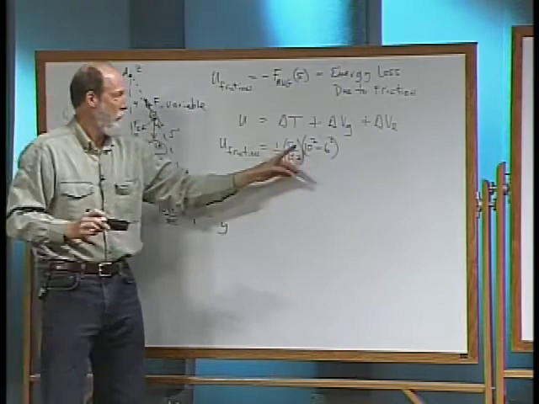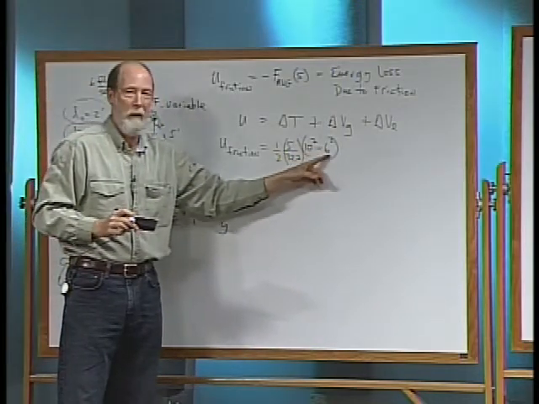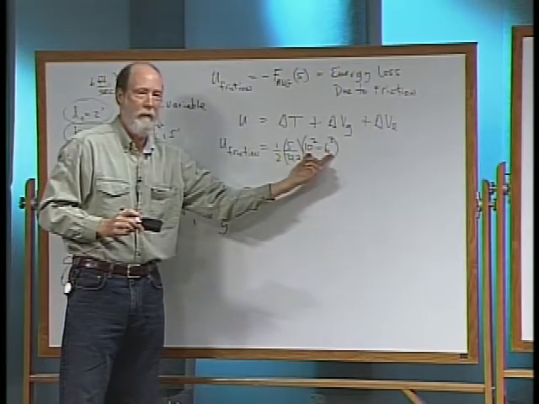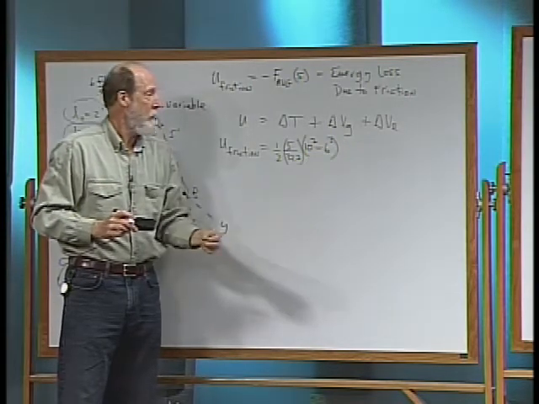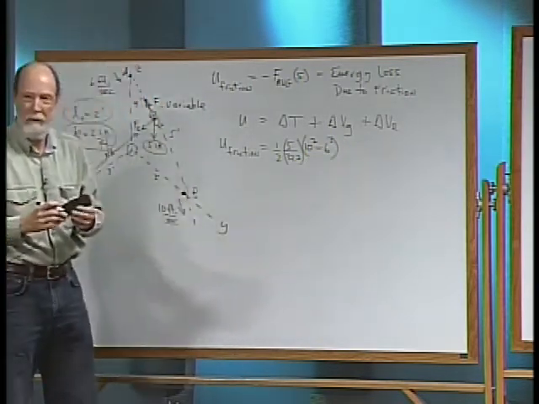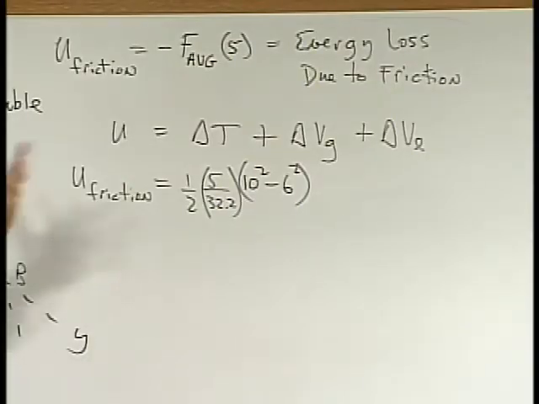And notice that this is 10 squared minus 6 squared, not 10 minus 6, the quantity squared, which I've seen as an error in a kinetics problem or two that a couple people have done.